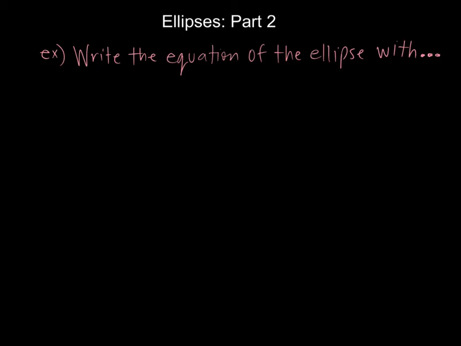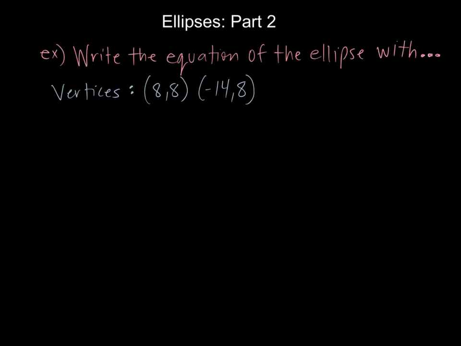Okay, now that you know a couple characteristics, eccentricity and foci, we're going to use given info to write equations of ellipses. So this first one, here's what I'm telling you. Vertices are going to be 8, 8, and negative 14, 8.